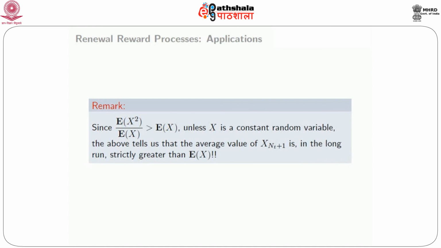So what it says is that if you look at the average value of X_{N_t+1} in the long run, by which we mean, for any t, you integrate 0 to t X_{N_s+1} ds and divide by t, then that ratio goes with probability 1 to E[X squared] by E[X], which is greater than E[X]. So roughly, the average value of X_{N_t+1} in the long run is greater than E[X]. Again, this roughly has to do with the length of a renewal interval at time t seeming to be generally larger than a typical renewal interval.